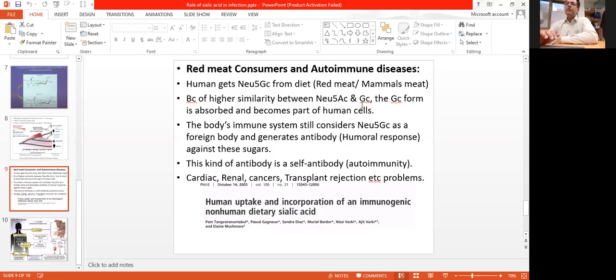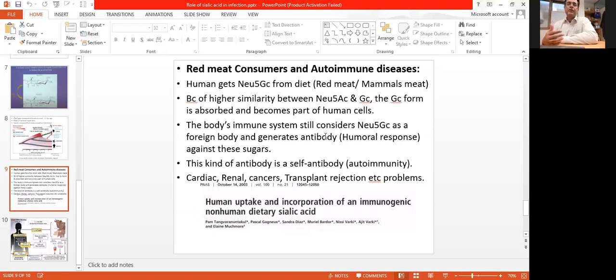When you consume meat, for instance mammalian meat or red meat, which is rich in 5GC, the GC would be absorbed and it would become part of the human cell. And when it becomes part of the human cell, the body's immune system still considers Neu5GC a foreign body. It doesn't belong to the body.